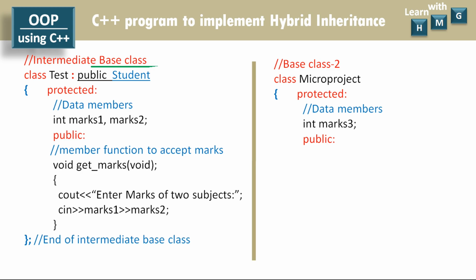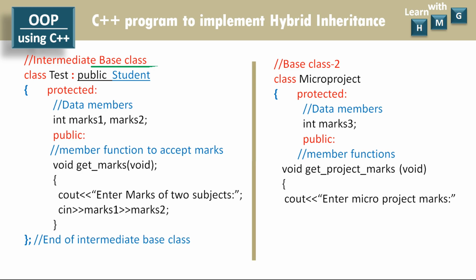In public section, again I am going to define a member function to accept this microproject marks. So get project marks, this is the name of the member function. It is a void function, it does not accept any argument, does not return any value. Enter microproject marks, cin extraction operator marks 3.